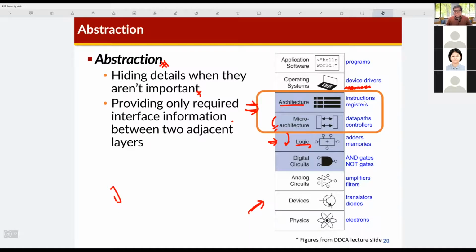So there are many layers, but when we focus on a certain layer, we do not focus on the detailed aspects of the lower layer, because that is very complex or difficult to understand. And then we just build the interface between layers.